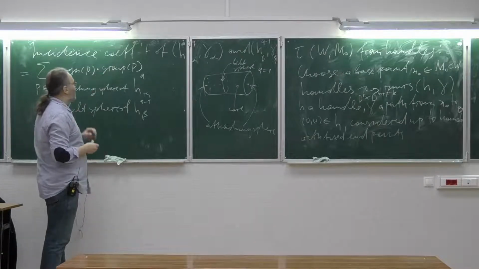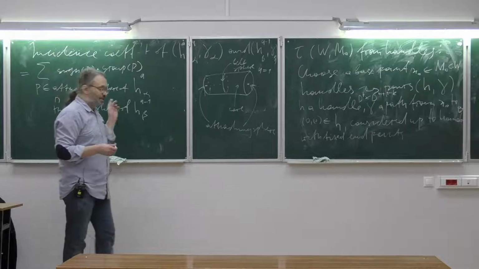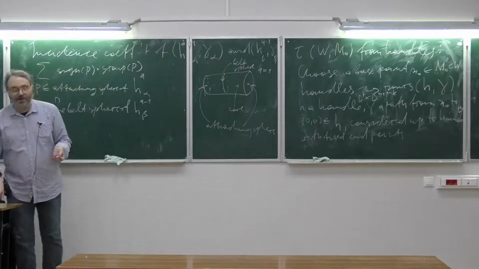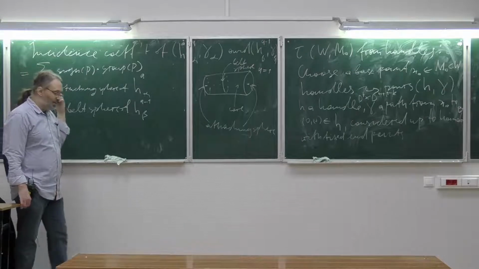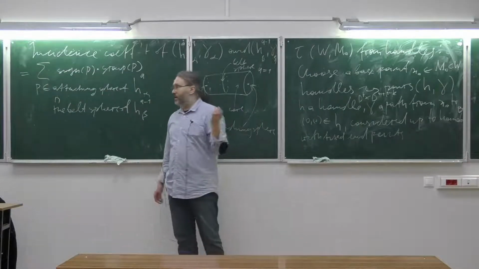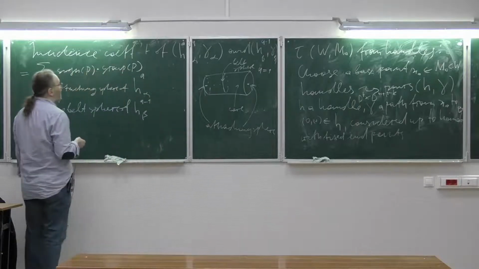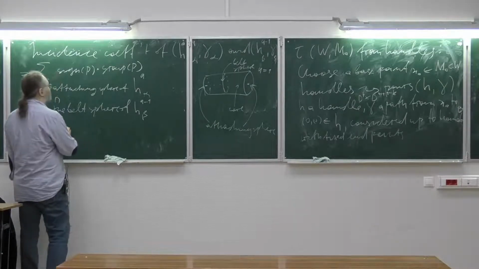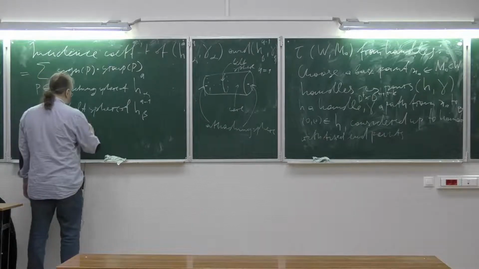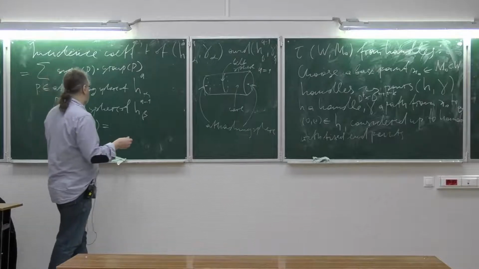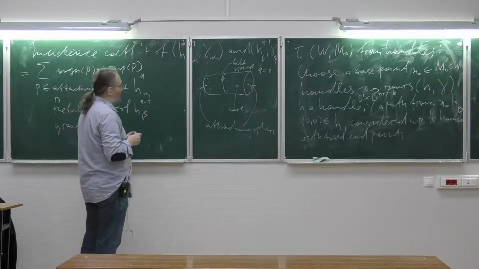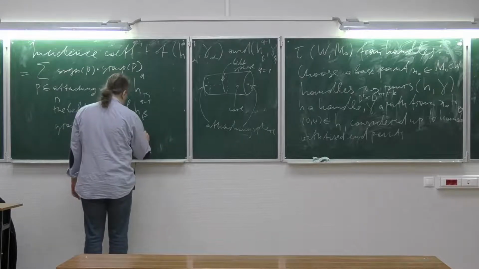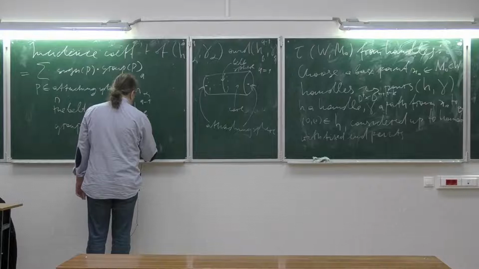Okay. Now I need to define the sign. The sign of the intersection point is defined in the same way as in the H-cobordism case, and then the group element. Well, the group element is as follows.